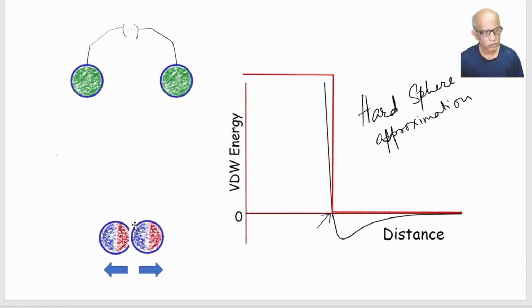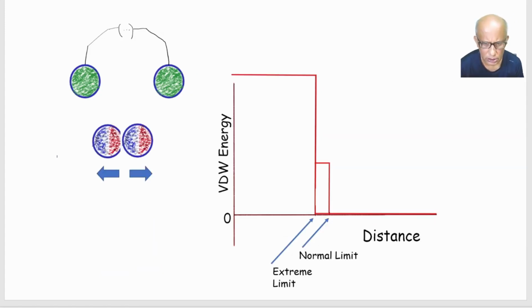So Ramachandran and his group then set about to find out what exactly is this cutoff distance for different non-bonded atom pairs. And when they were doing it, they realized that, well, actually, it's a little bit more complex. For the most part, maybe 90% of the time, there exists a certain cutoff distance, but about 10% of the time, that cutoff is violated, and you can go a little bit further.